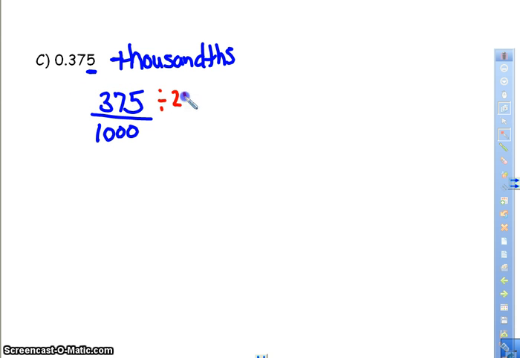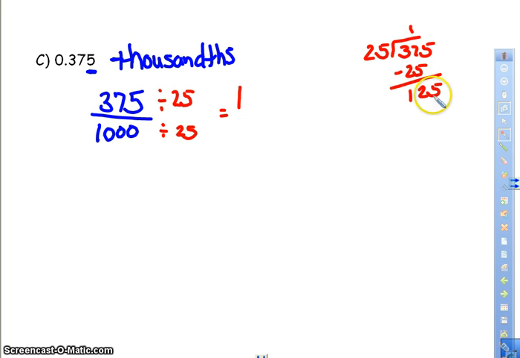How many quarters can go into there? 25 goes into 37 just once. And 25 goes into 125 5 times, so it goes into it 15 times. 25 goes into 1,000 40 times.